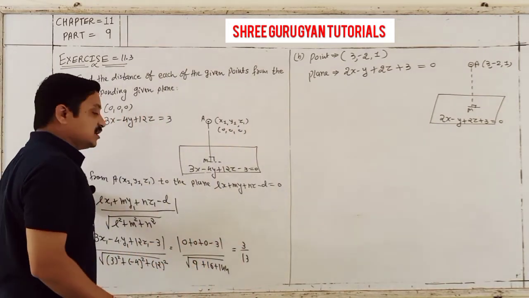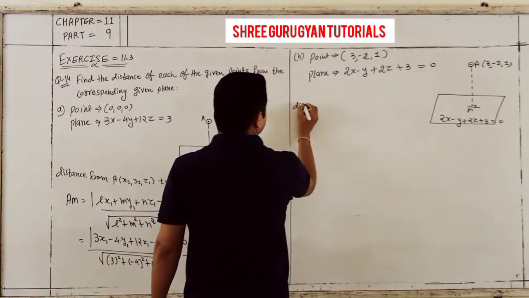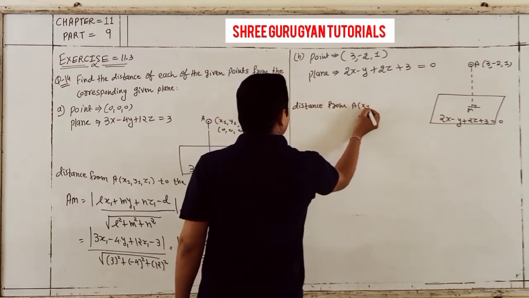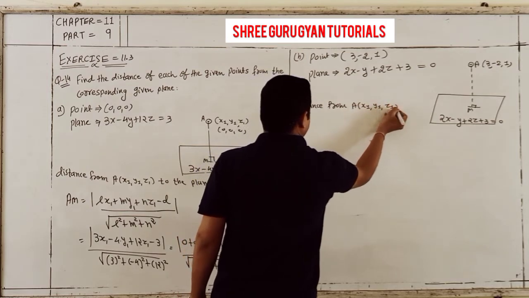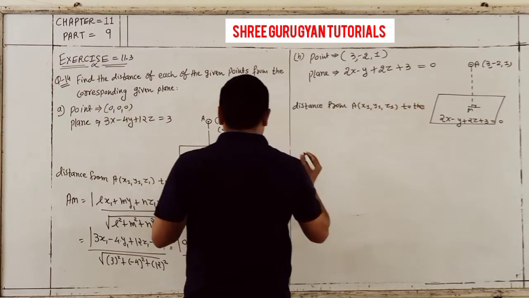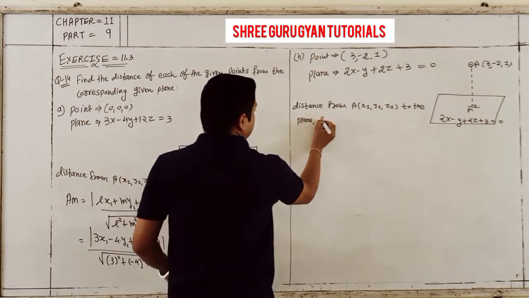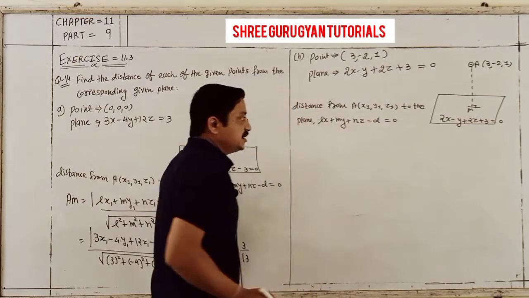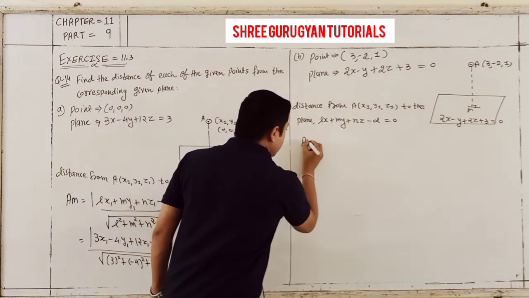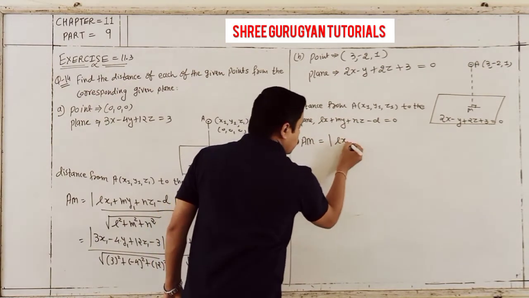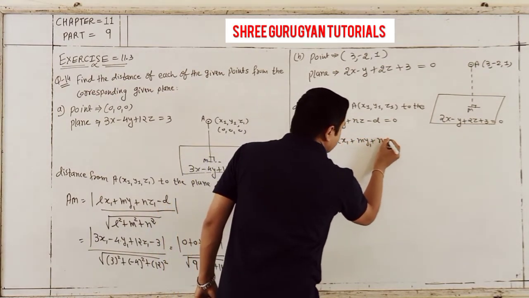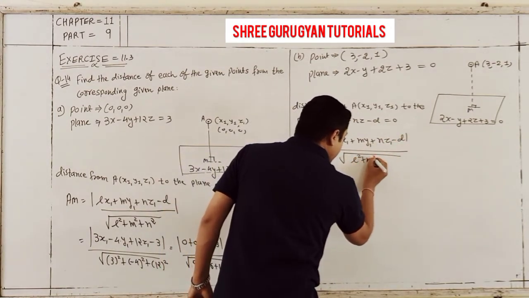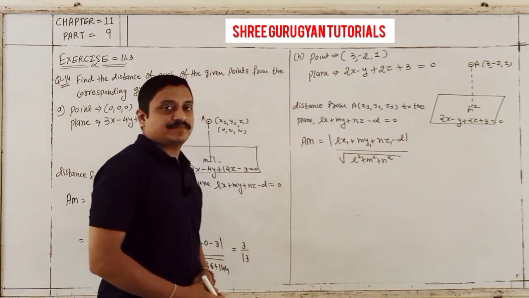This is the same as writing the distance from A (x1, y1, z1) to the plane lx plus my plus nz minus d is equal to 0. So that distance is the modulus of lx1 plus my1 plus nz1 minus d by the square root of l square plus m square plus n square.